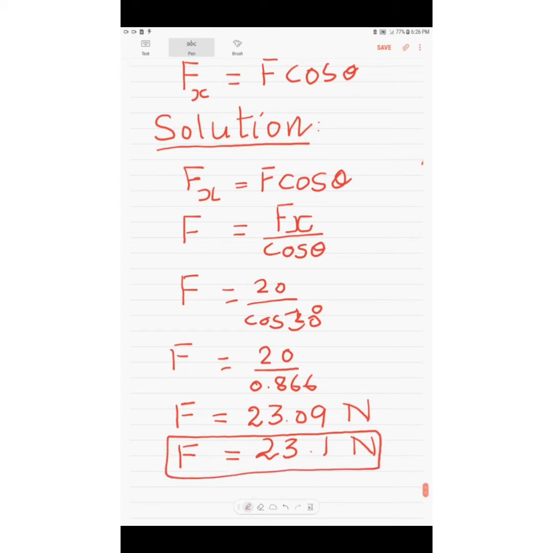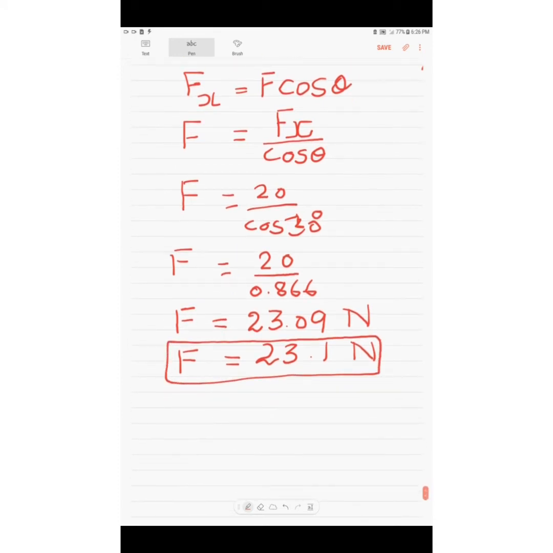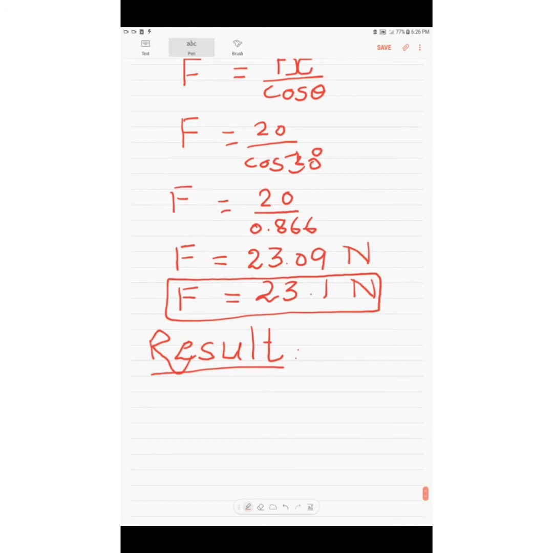This is the answer. In the end, you have to write the result. Underline it. Now write down the result.